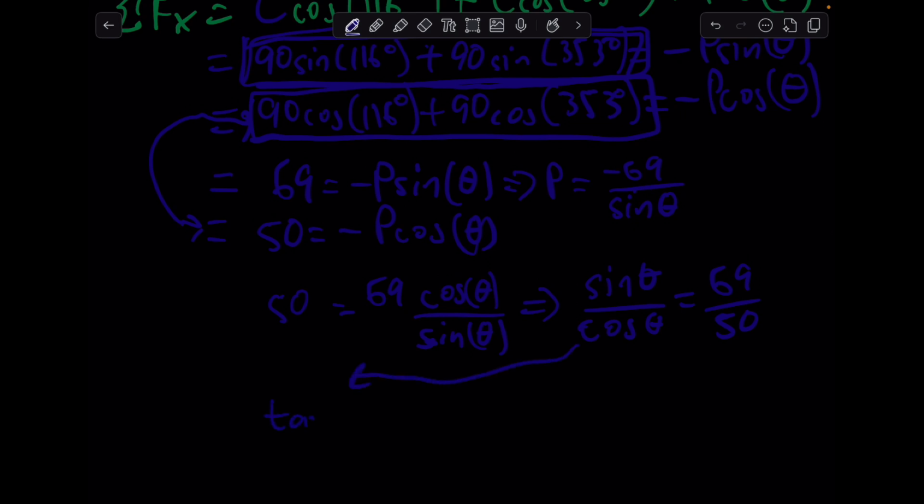So tan theta equals 69 over 50. Then we can use the tan inverse equation, tan inverse of 69 over 50, and that is going to give us a degree, which is equal to 54 degrees.